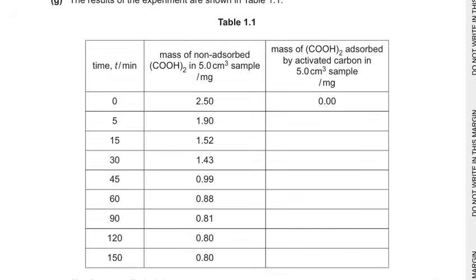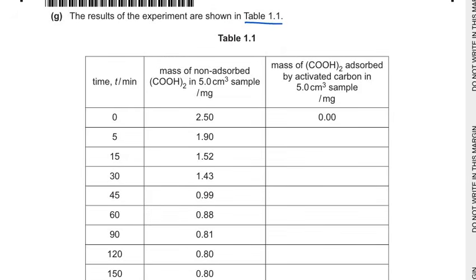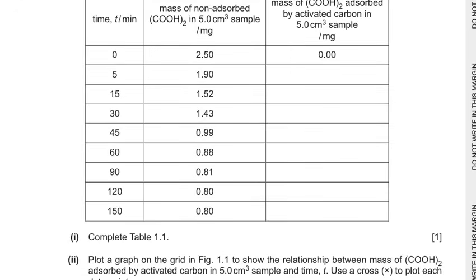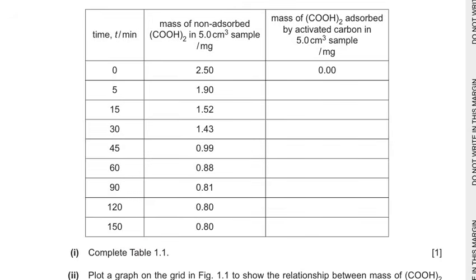Yes, now G here: the results of the experiments are shown in table 1.1, and here is the whole table, where every 5 minutes we are taking out the solution and the non-adsorbed we have calculated from the 5 centimeter cube sample that is given here.